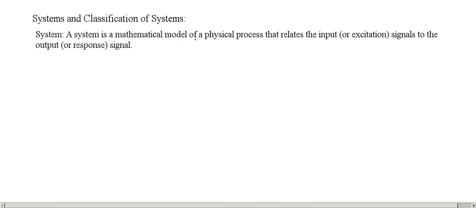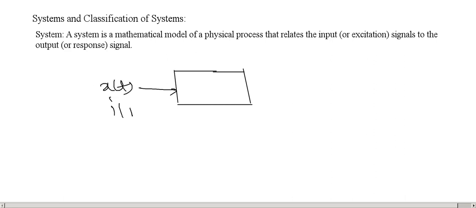A system is a mathematical model of a physical process that relates the input, also known as excitation signal, to the output or response signal. So this is some system T and this is the input represented by x of t.